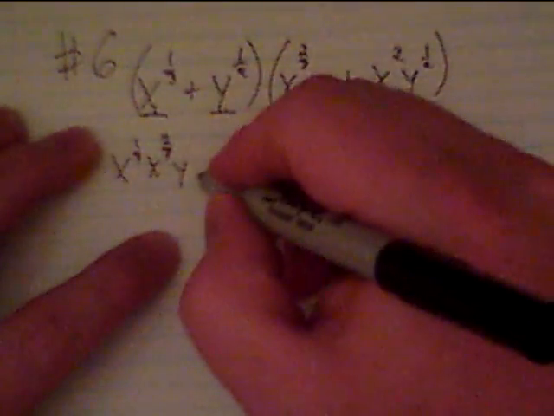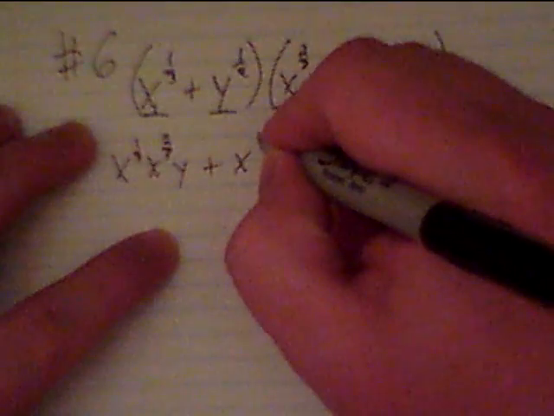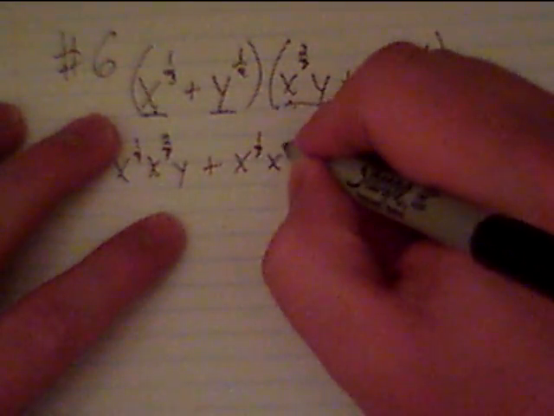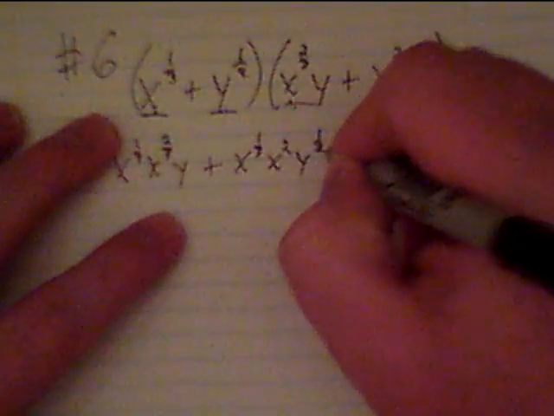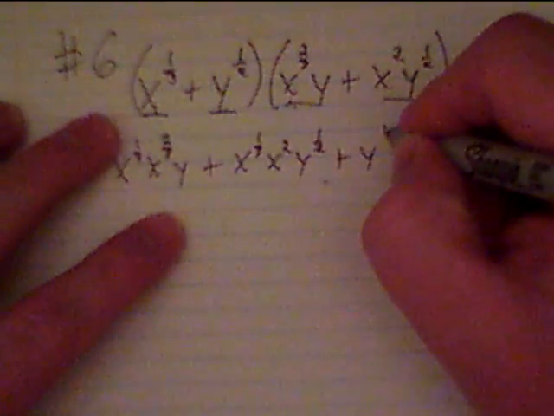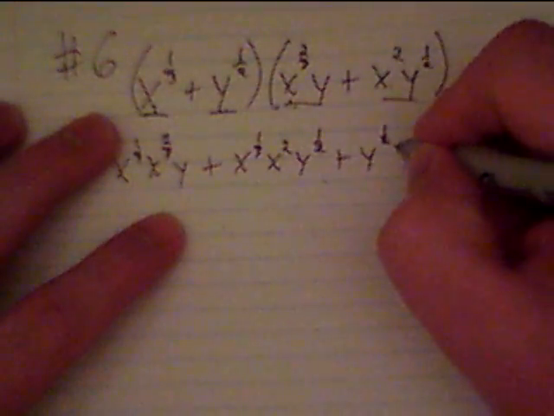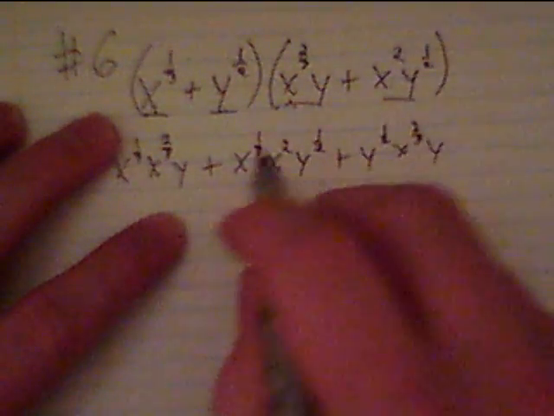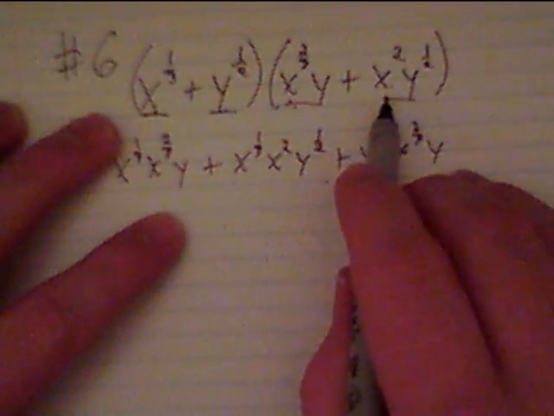Outer is going to be x to the 1/3 times x squared y to the 1/2, plus inner, y to the 1/2 times x to the 2/3 times y, and last we have y to the 1/2 times x squared y to the 1/2.